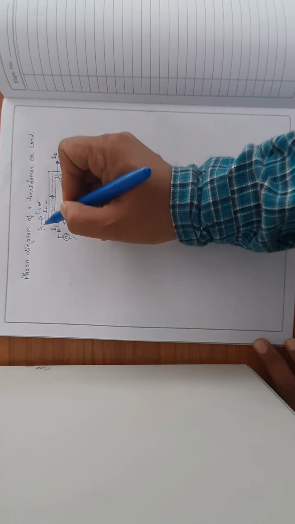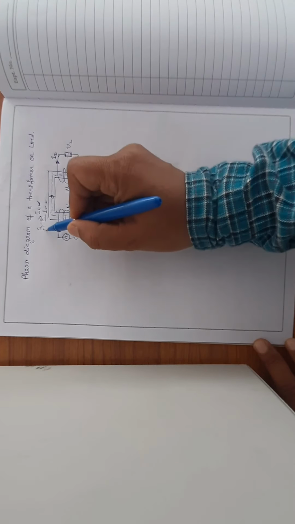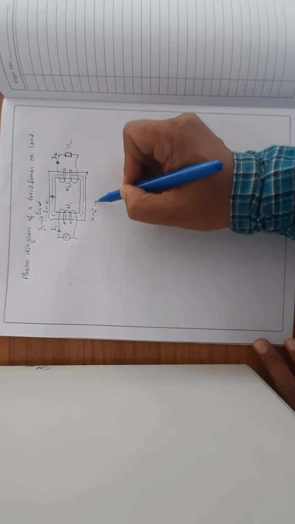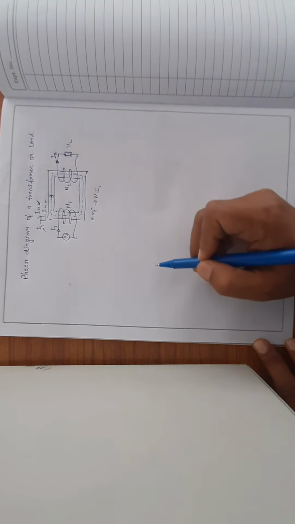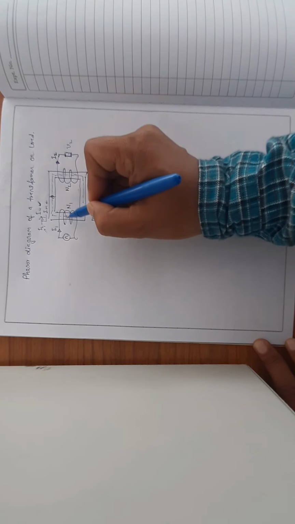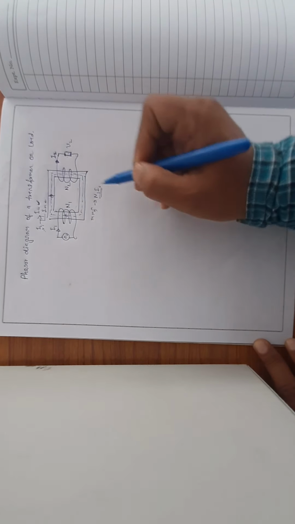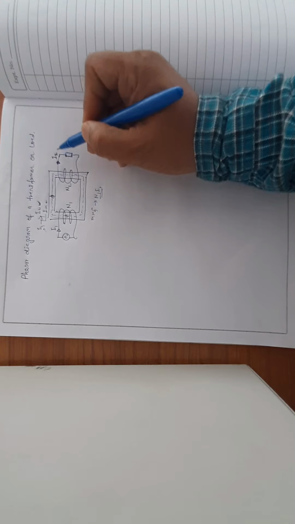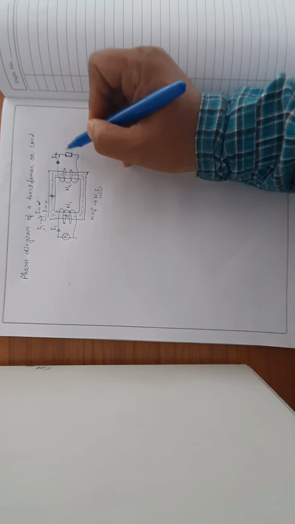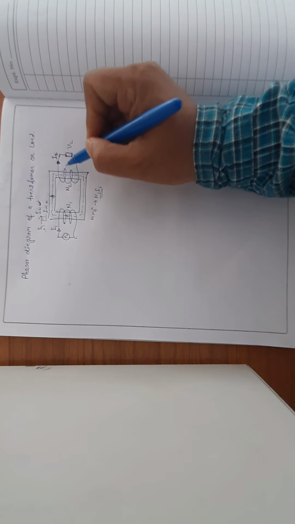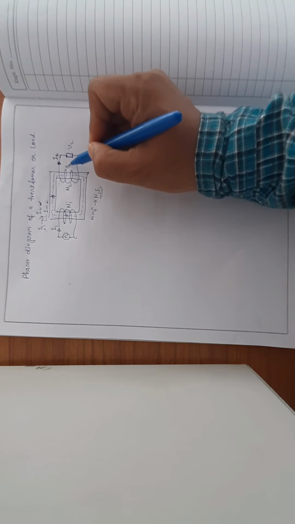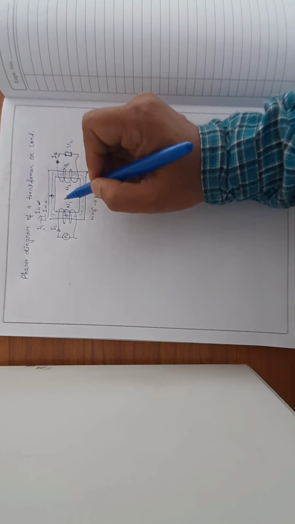I0 sets up our MMF, say N1 I0, which produces the flux phi in the core. The secondary current I2 sets up its MMF and creates a secondary flux phi 2, which opposes the main flux.